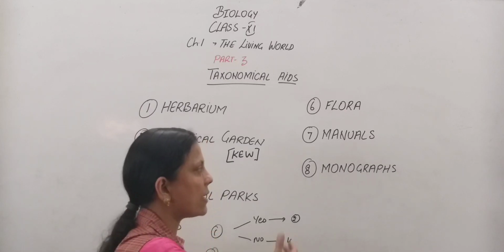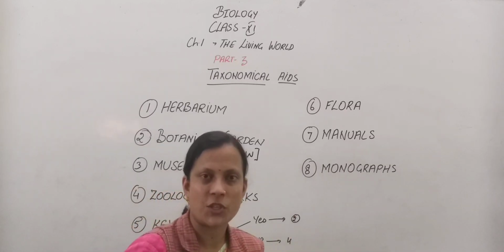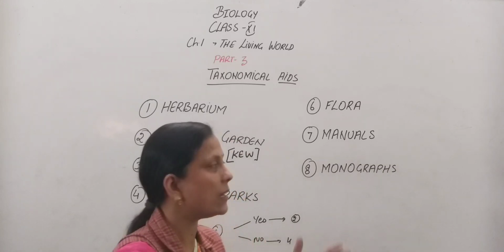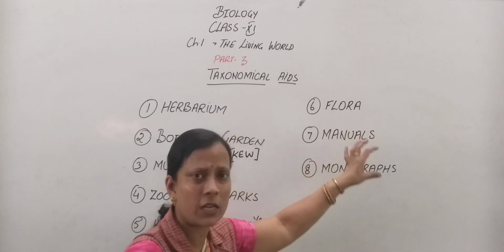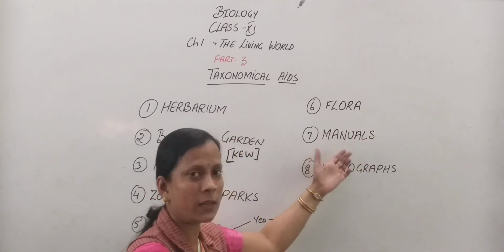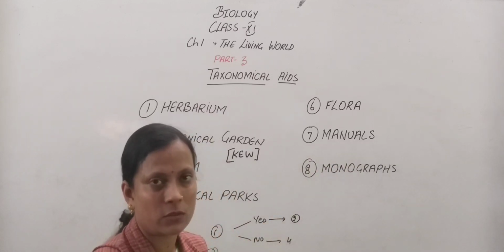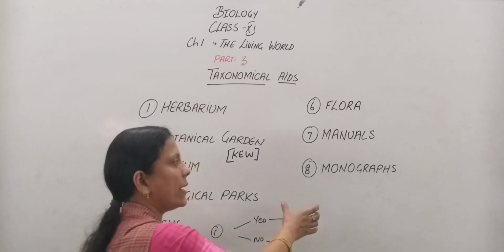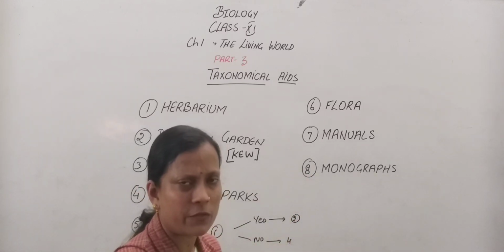Manuals are books that contain all the information about a particular area, the knowledge about the living species at a particular place. And monograph. A monograph describes only one taxon. The organisms of one taxon are described in a monograph, and each taxon has a different monograph.